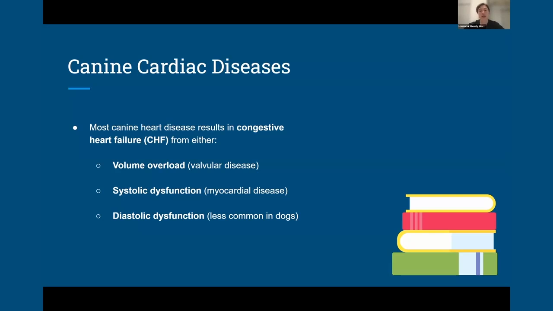There's systolic dysfunction, which often comes from myocardial diseases, most commonly dilated cardiomyopathy, more commonly known as DCM. And then there is, very rarely, diastolic dysfunction, which is less common in dogs and more common in cats, and that is a condition called hypertrophic cardiomyopathy, otherwise known as HCM.